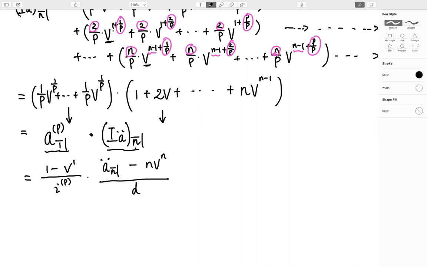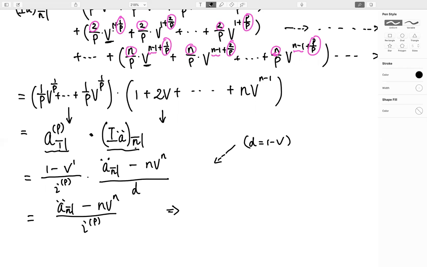Okay, so now we can work a little to simplify. That's because remember d equals 1 minus v, right? So using this, we can cancel these two. Okay, then we get the result.